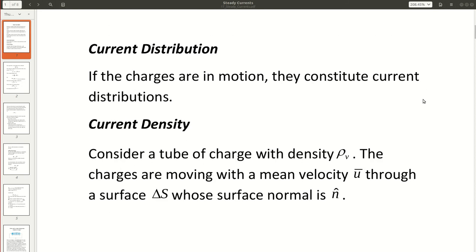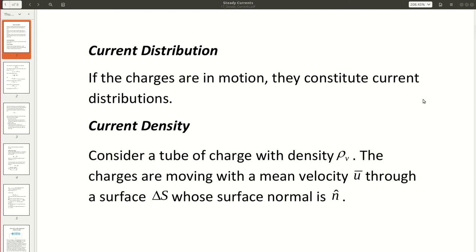The charges in motion constitute the current distribution, with a charge density rho v moving with a velocity u through a surface delta s, whose surface normal is n hat.